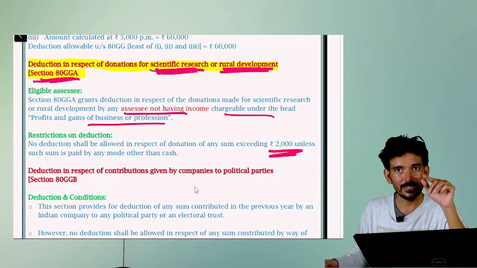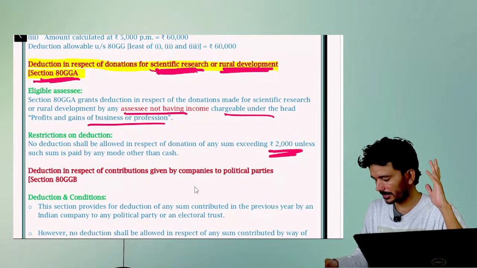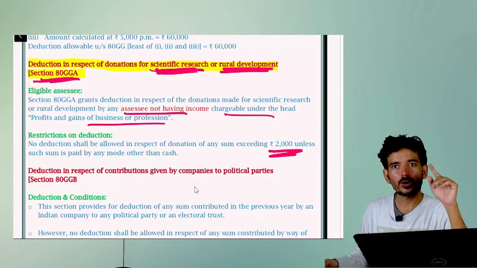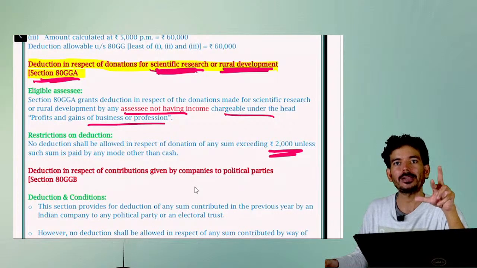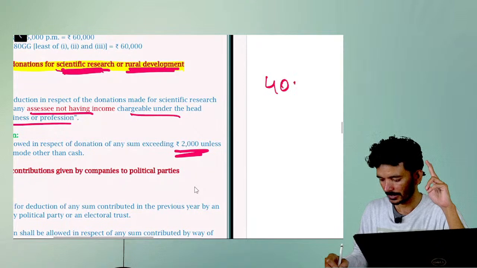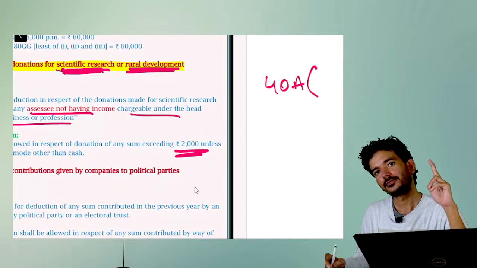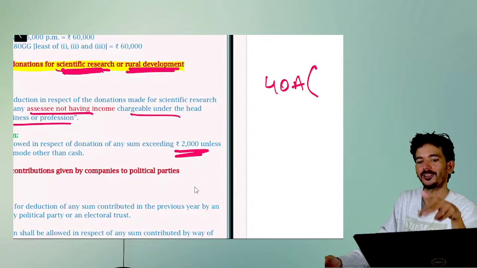You remember this, 40A(1)(a), or not 40A(1)(a), that is TDS. In PGBP, what was the section where we were talking about payment has to be made otherwise than by cash? 40A? Can someone tell? 43B is payment before filing the return of income.